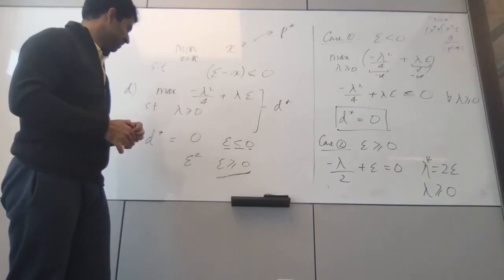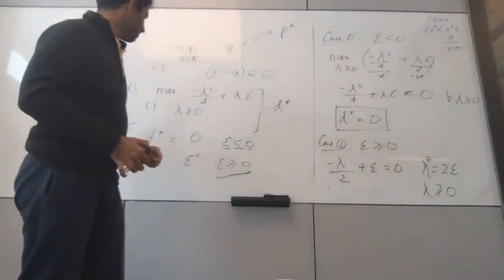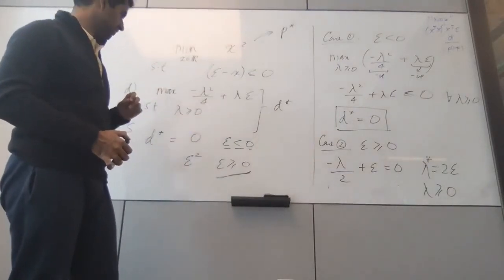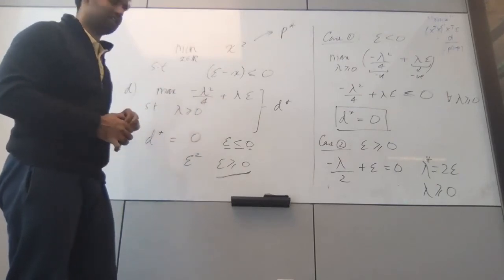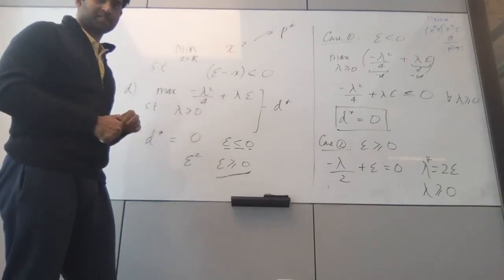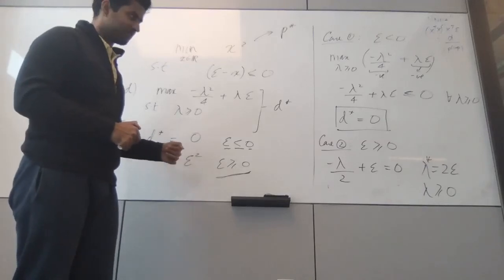Right? So that means in this case, you can simply plug in 2 epsilon into this formula. What do you get when you plug in lambda is equal to 2 epsilon? Just epsilon squared.